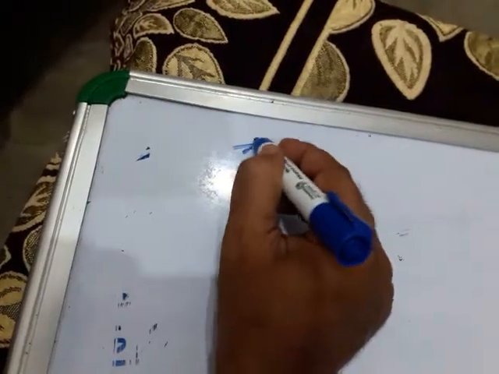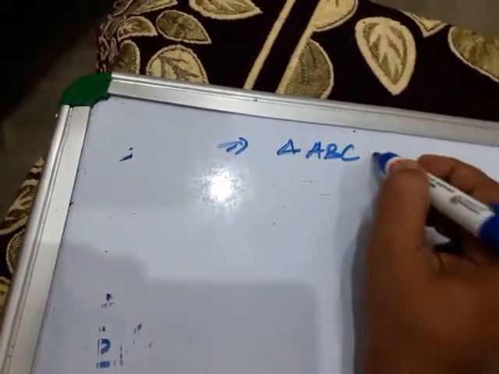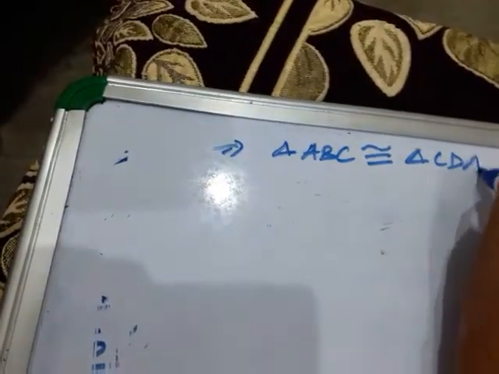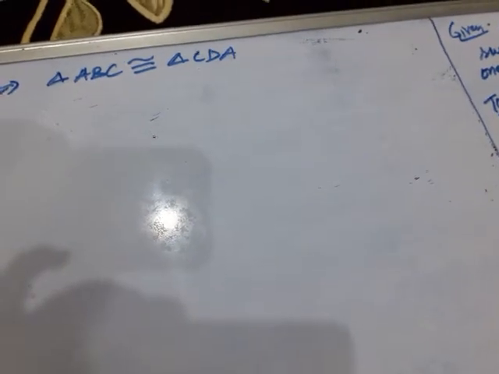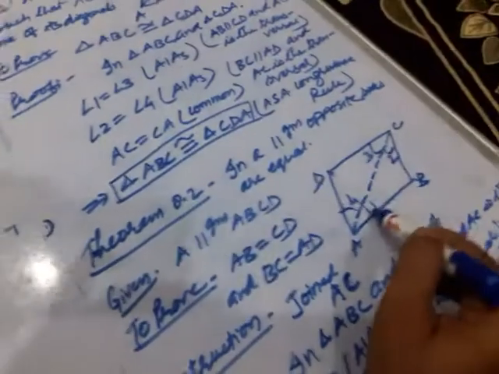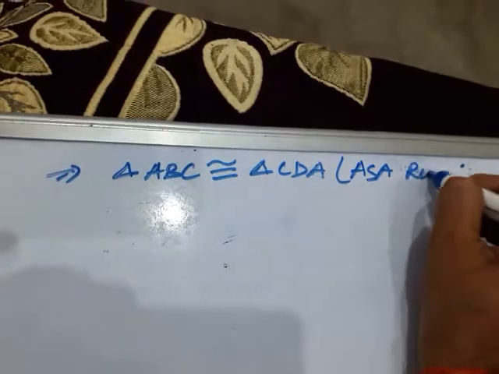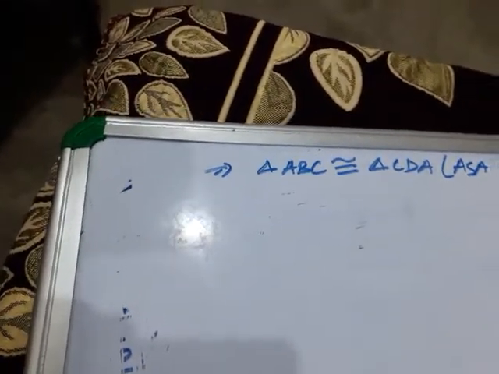This implies that triangle ABC is congruent to triangle CDA by ASA congruence, by ASA rule. Okay children, triangle ABC is congruent to triangle CDA.